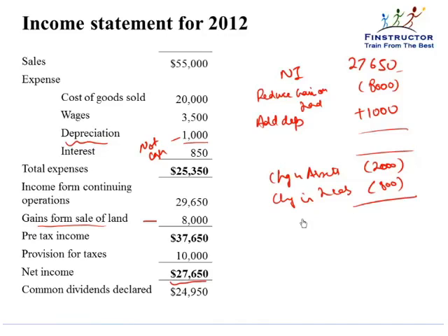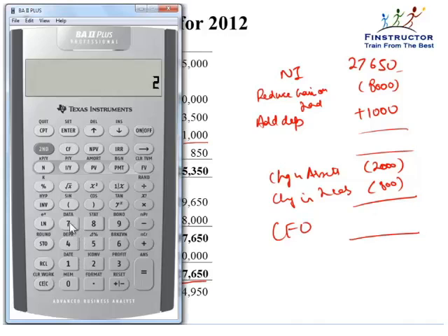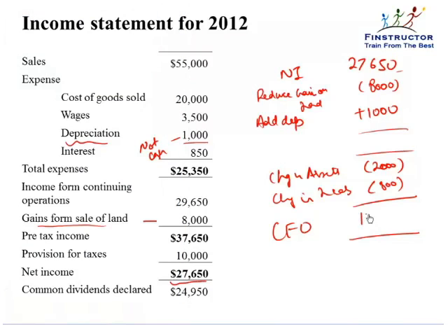We will get the cash flow from operations as 27,650 minus 8,000 plus 1,000 minus 2,800 as 17,850. Please note this is the same calculation that we had derived using the direct method, and now we've represented it using the indirect method.